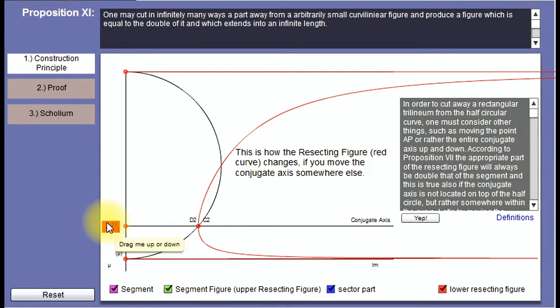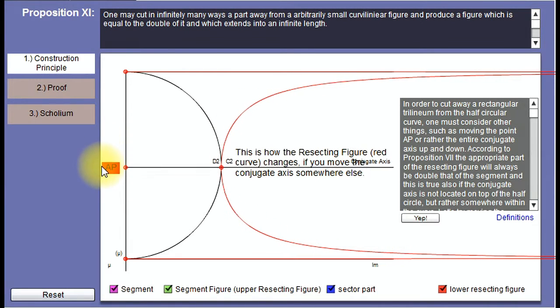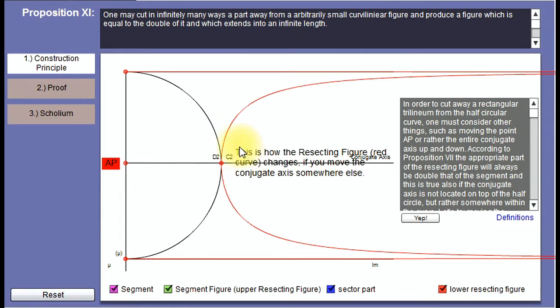And this is an important step to take, because first of all he defined, if you place the conjugate axis at the very center of the semicircle, you get a figure which Leibniz later on calls the angle figure. And the angle figure will have a very interesting relationship to the hyperbola if we get later to proposition 13, where we will see this relationship playing out.